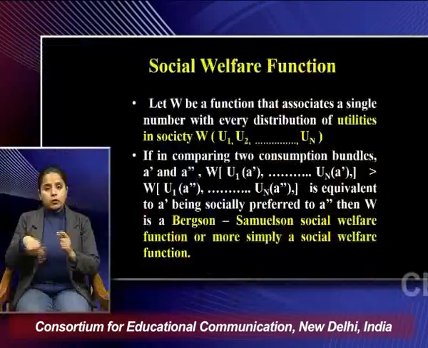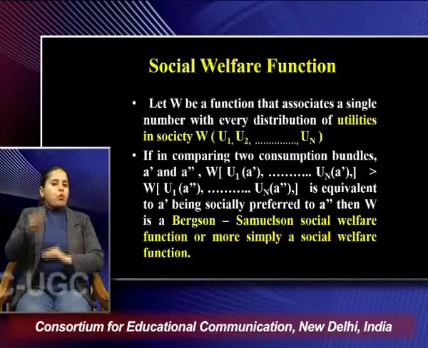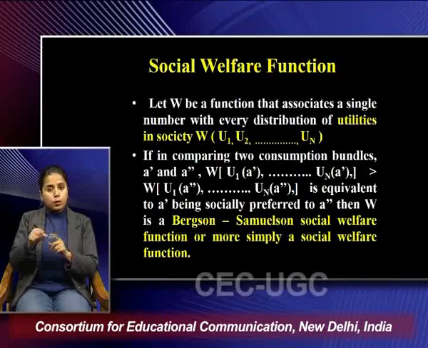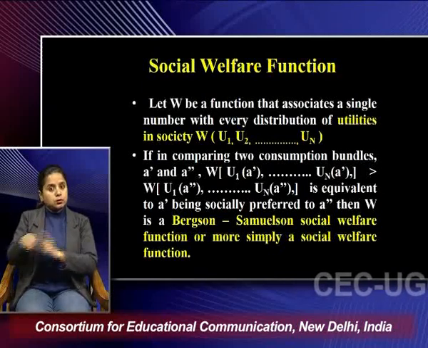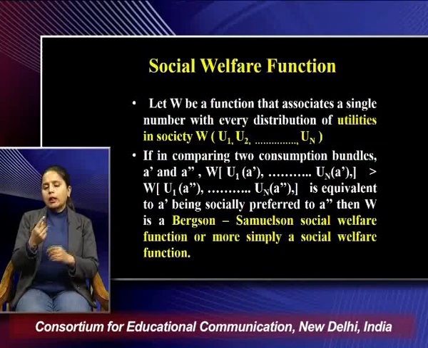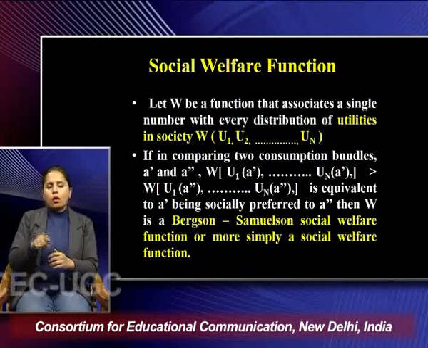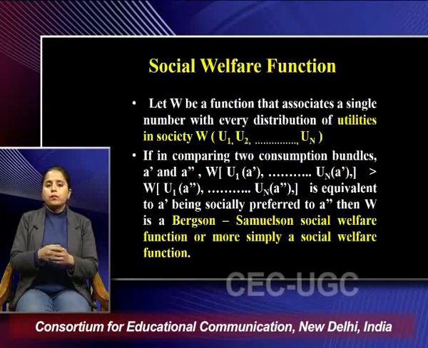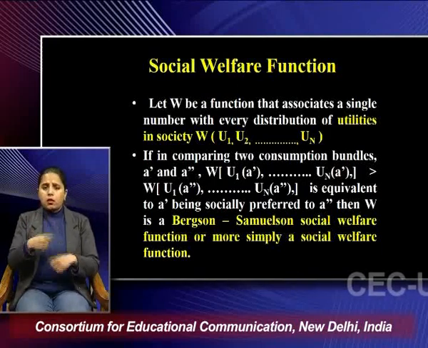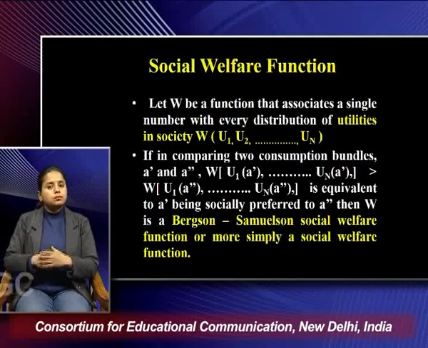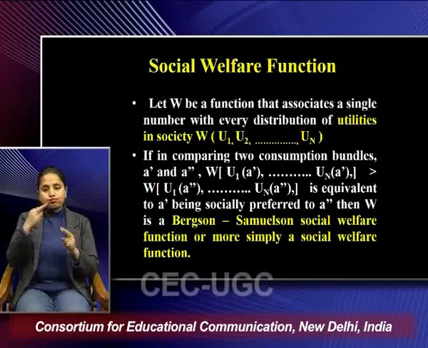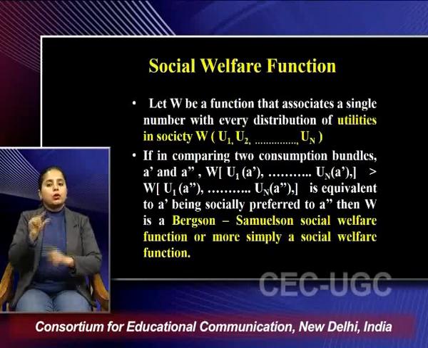Now we have to assume certain more components. Let W be the function that associates a single number with every distribution of utilities. So it's a value, or you can say a level, which reflects society's utility or welfare.